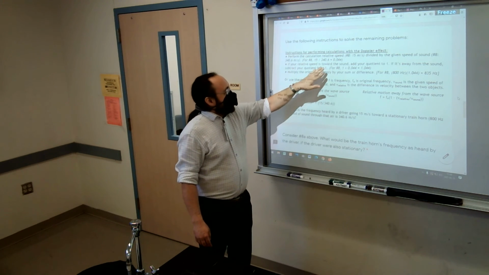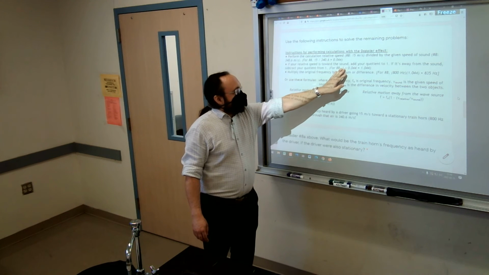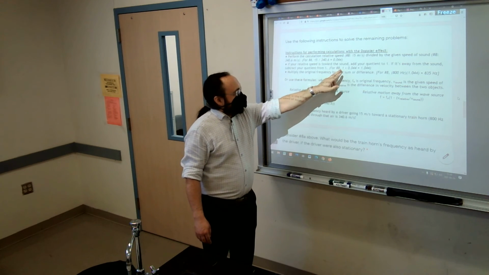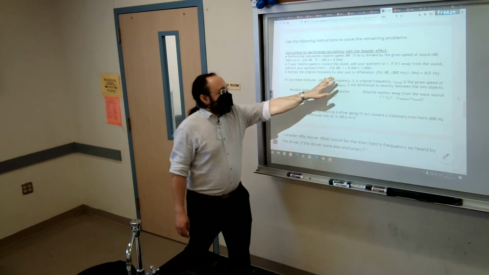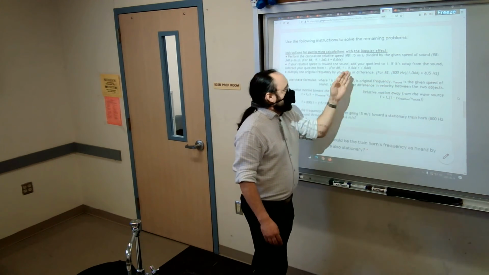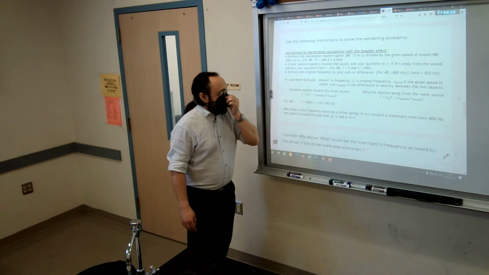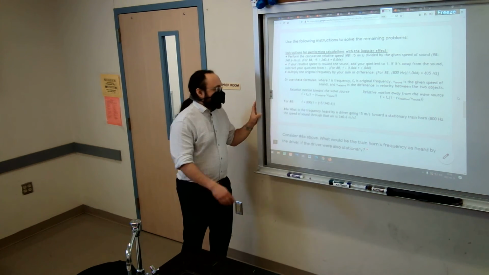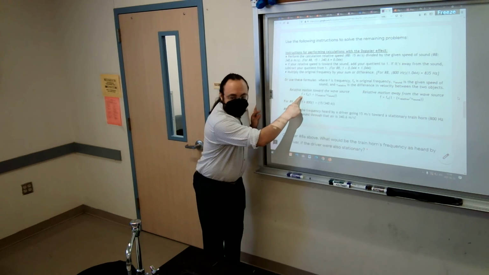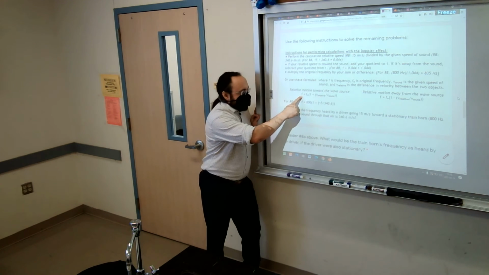Then, if you're going toward it, you add 1. If you're going away from it, you say 1 minus that number. The third step is multiply the original frequency by that new number. Or you can do it with the formula down here, where F is the new frequency that you're going to hear because of the Doppler effect.